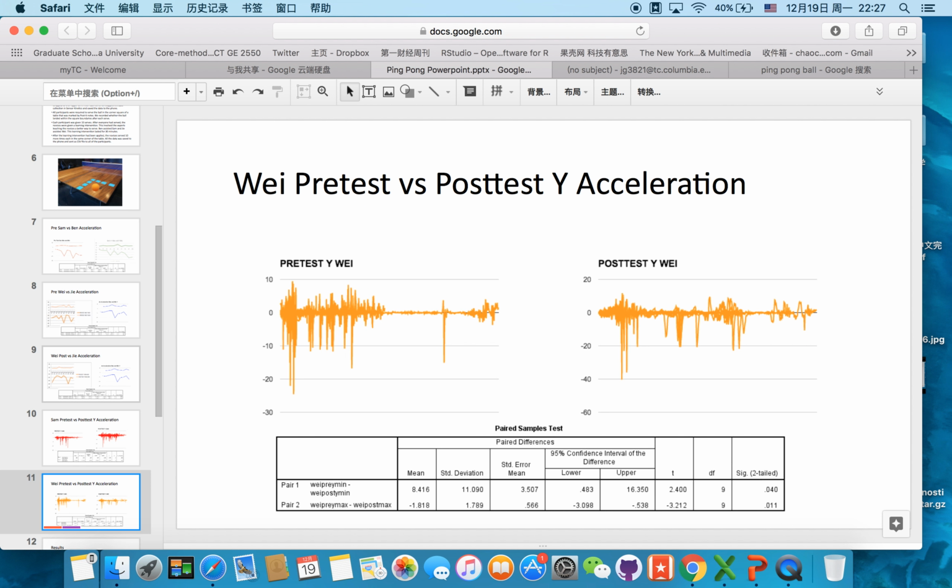It's obviously not less than 0.05. So we can say the difference is not significant. But according to the graphs, we can tell that the slopes between the two processes are very different, which means the acceleration is getting bigger.